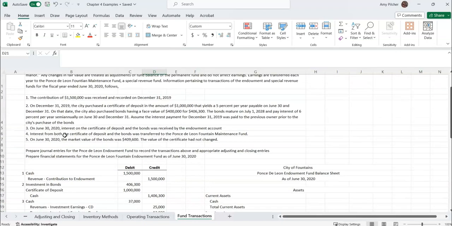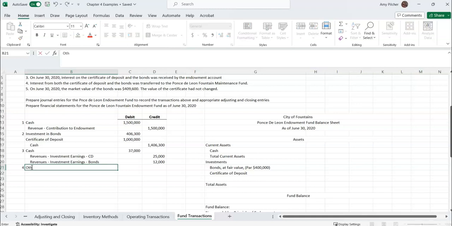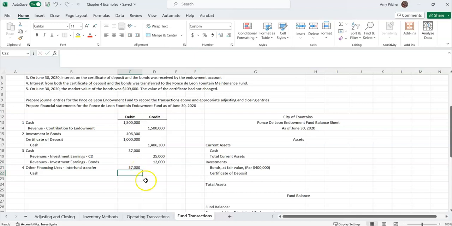Okay, so then the next transaction, we transferred the earnings to the maintenance fund. So now the maintenance fund can spend money on maintenance. So we have other financing uses, interfund transfer, and we paid cash, that full $37,000.